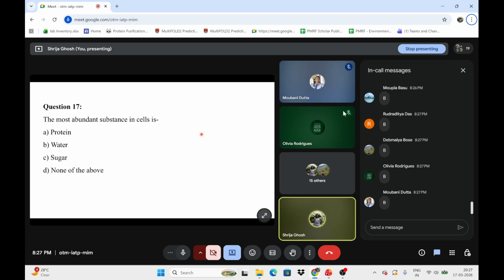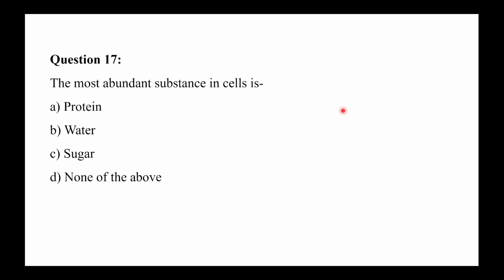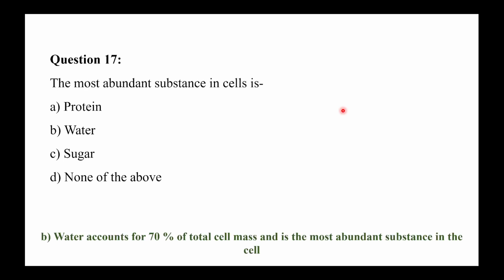Okay, let's see the correct answer. The correct answer is option B, water. That is the correct answer. So actually 70% of the total cell mass is made up of water, and the remaining 30% is the dry weight that we talked about in one of the previous questions.